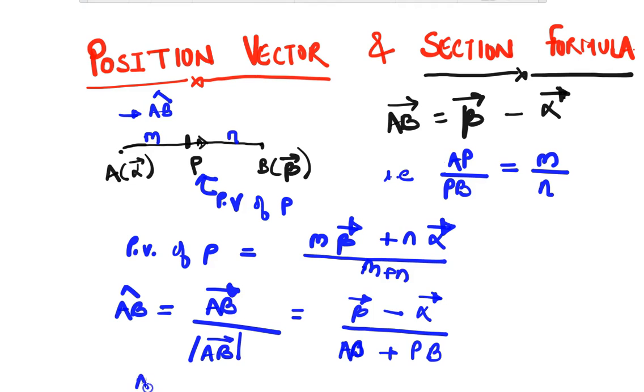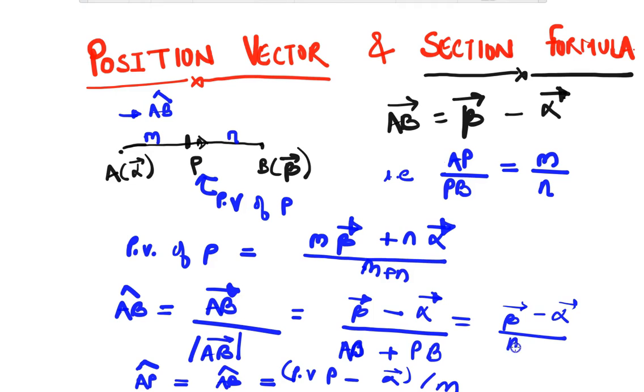Similarly, AP hat is equal to AB hat, because they are in the same direction. So it is position vector of P minus alpha vector upon m, which equals beta vector minus alpha vector upon m plus n. Okay.